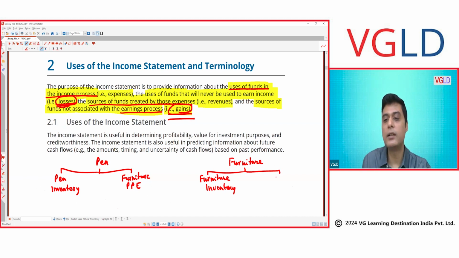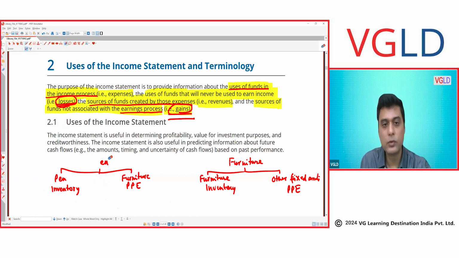And of course, other than furniture, other assets, other fixed assets are PP&E. I hope you knew this already, but in case you did not know this, then this is what it is.